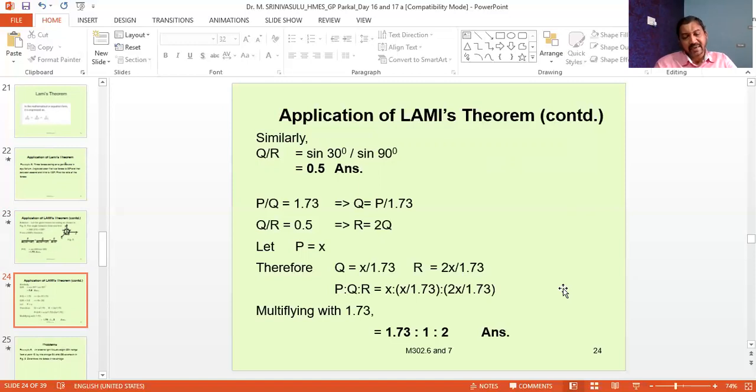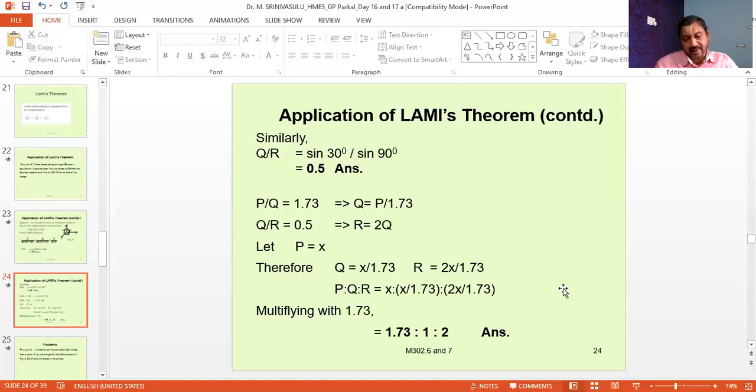So therefore P is to Q is to R is equal to X, X by 1.73, 2 into X by 1.73.